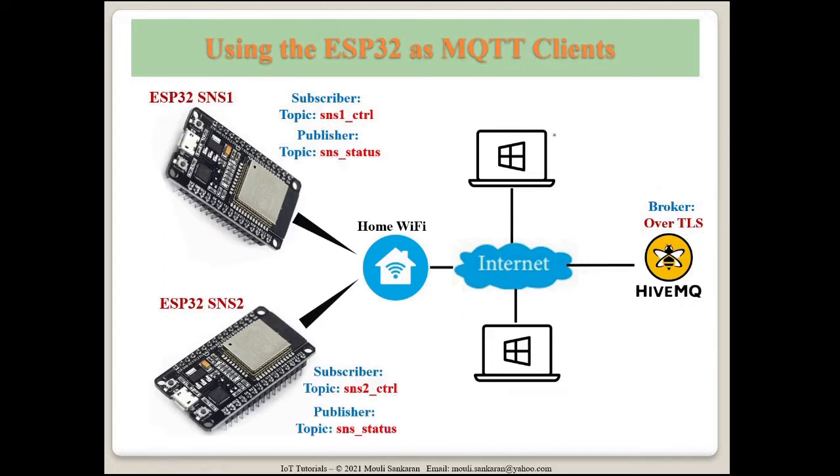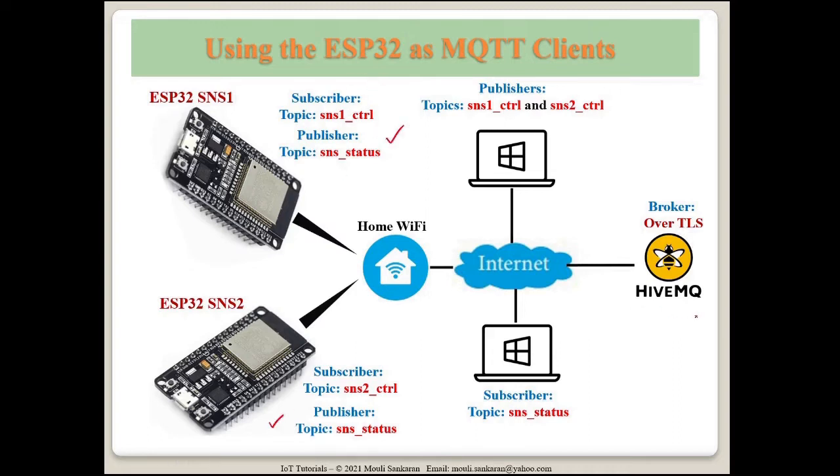Now, before I show, these are the two topics on which SNS2 is communicating. Now, the publisher could be running on this machine, controlling both the sensors, one after the other. And as I mentioned, both the sensors are sending information as publisher.